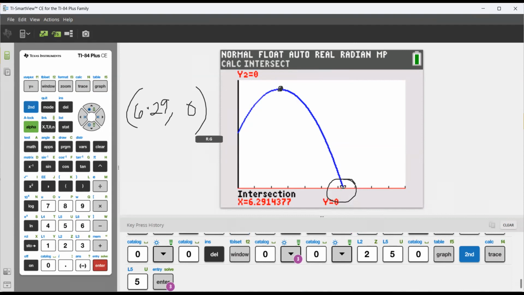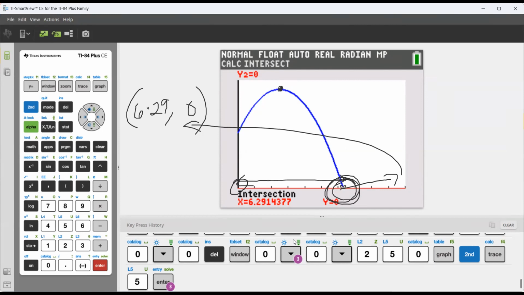There's a horizontal intercept. So right here, you know that our domain or practical domain for our time will go from 0 to what? 6.29. So that is when the object or the arrow hits the ground, 6.29. And at this point, from the x-intercept, y is 0, right? 0 height. All right.